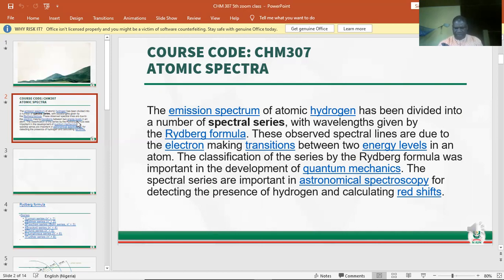When an element is heated in a flame or a discharge of electricity is passed through a gas, colors of light, which are characteristic of the particular element, are emitted and are seen by the eye.